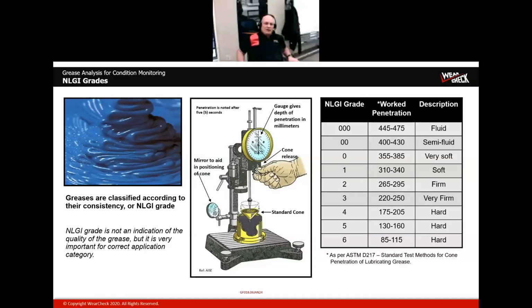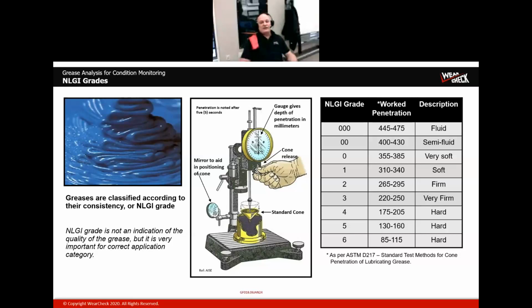But when you're looking at the traditional way of measuring the consistency of a grease, the cone penetration test, you take an aliquot of grease and put it into a little brass holder, and we're dropping a cone from a set height that has a small point on it into the grease. And then after 5 seconds, we measure how deeply that point on the tip of that cone penetrated into the grease. And that millimeter penetration, we then go against our NLGI grade table, as you can see on the right-hand side.